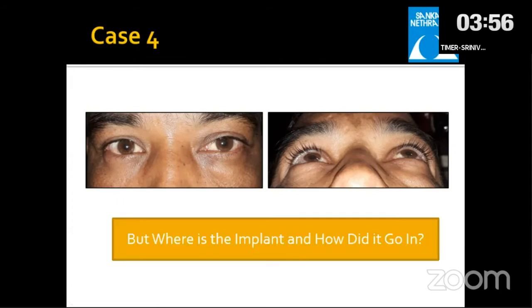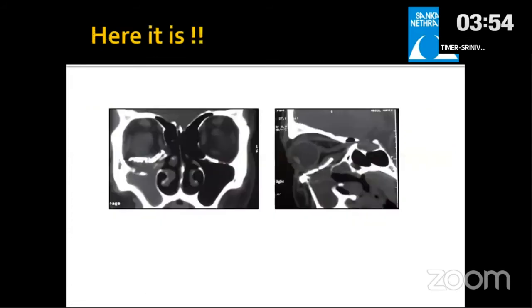In this patient, we were able to convince him with the post-operative imaging: see, this is the implant which we have put into your orbit. The point I want to emphasize is that with conjunctival incisions, the scar is hardly visible. You can't see any scar, and it's very cosmetically acceptable compared to the lower lid subciliary incision, which gives a bad scar and in some cases results in ectropion.